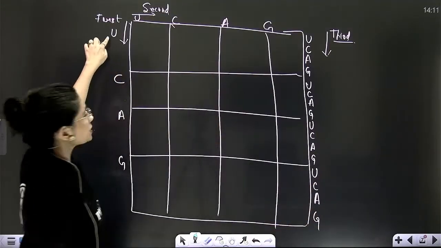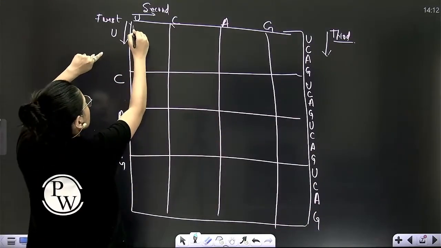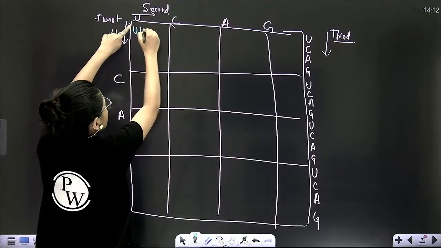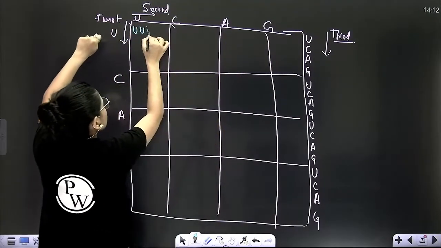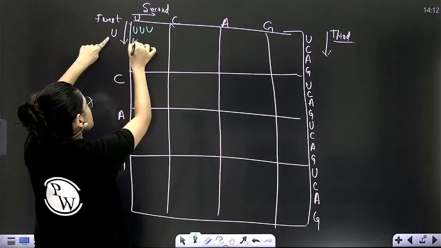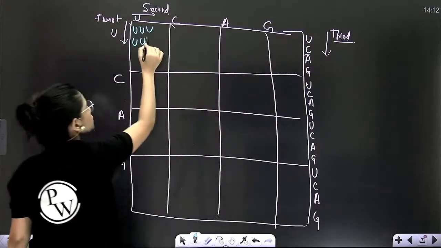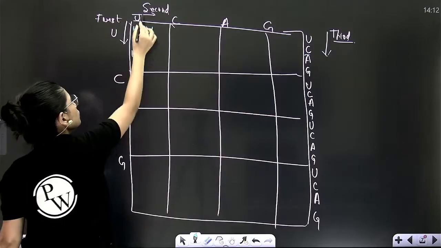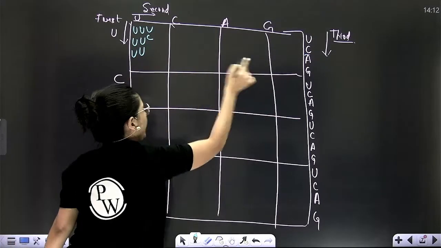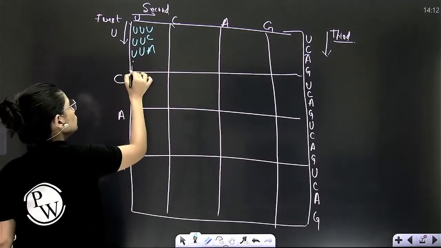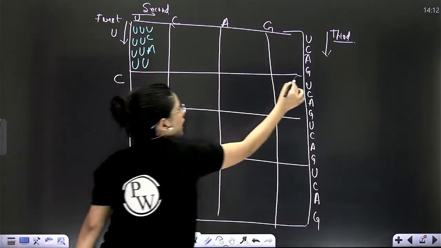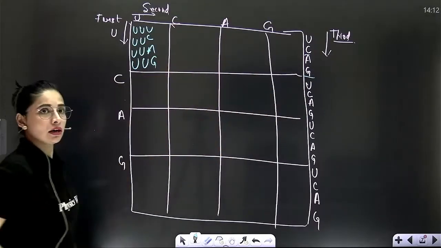So first position is U, second position U, third position U. Now again, first position U, second position U, third position C. First U, same block U, A. U, U, last position G. Okay, like this.